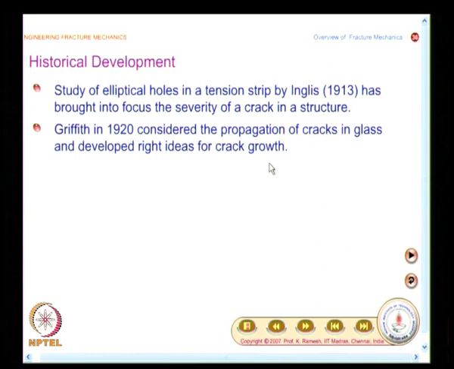This is very important. He was able to penetrate and say Inglis's solution is very important, it alerted that a crack is more dangerous, but it provided a logical explanation that you will have structures with cracks.